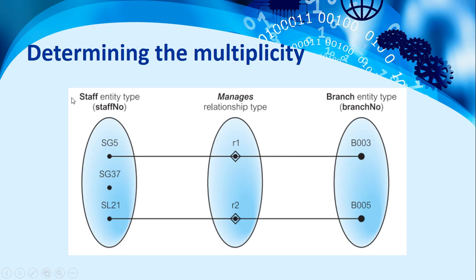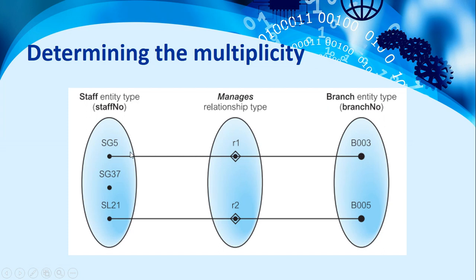So, going back, determining the multiplicity for the one-to-one relationships. So, we see in this figure that the staff that has the staff number SG5 manages the branch that has the branch number B003, diba?